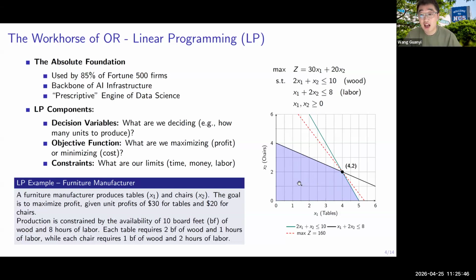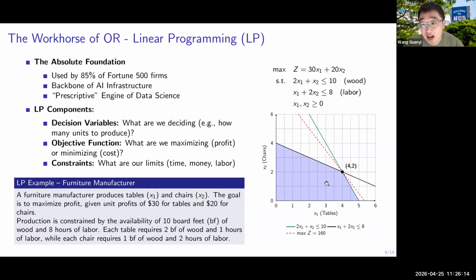Okay, and in this sense, the target, geometrically speaking, is within this shaded region. We want to look for a good point such that this good point gives you the greatest value of 30 times x1 plus 20 times x2.